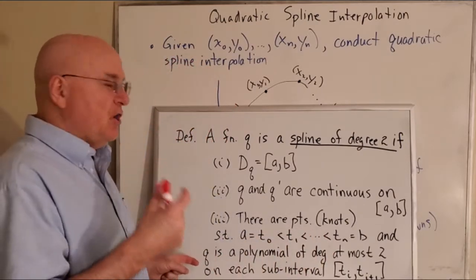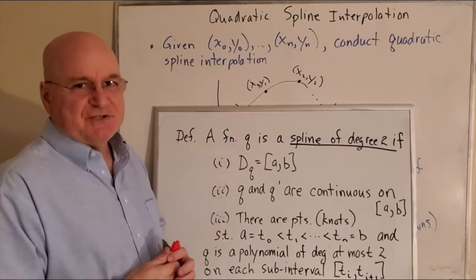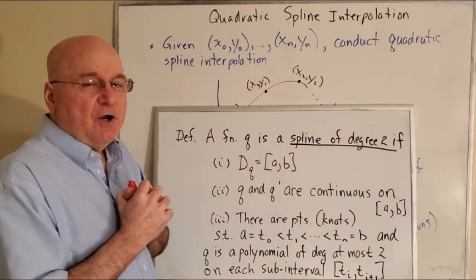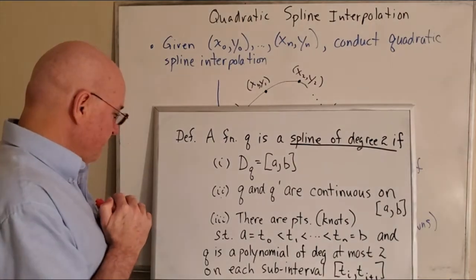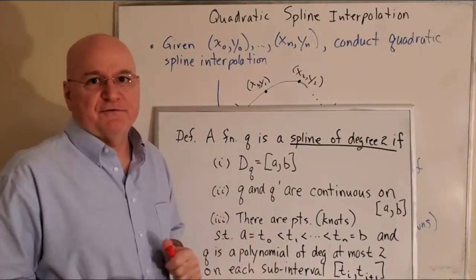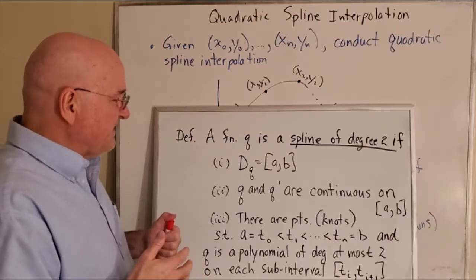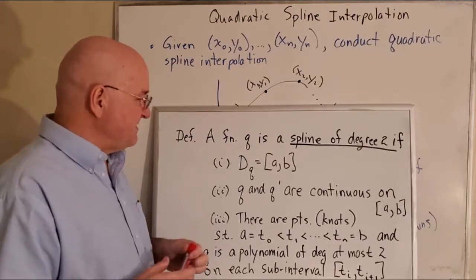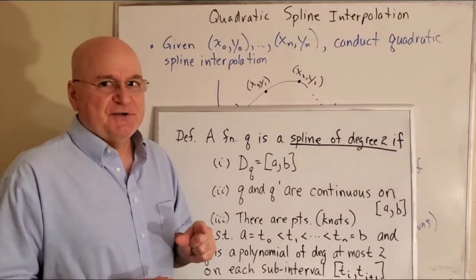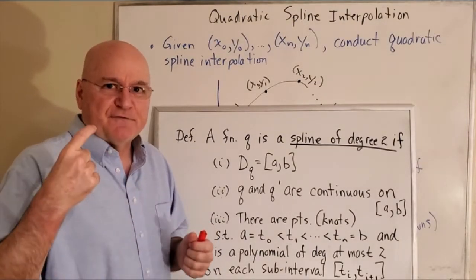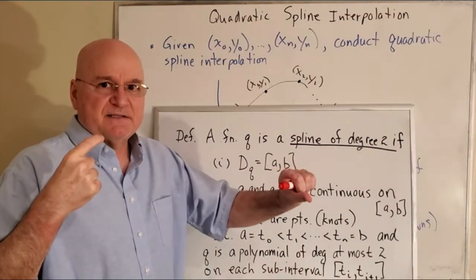And q is a polynomial of degree at most 2. It's a quadratic, or it could be a line, but it's usually going to be a quadratic on each subinterval. In practice, you will only see where it says degree at most 2. In practice, it's going to be degree 2, except maybe at the first or last segment.